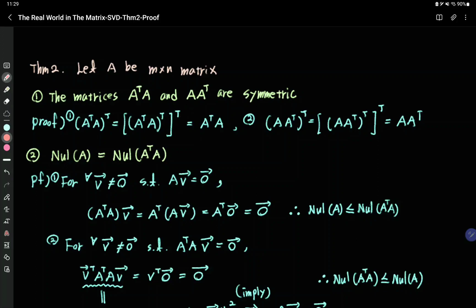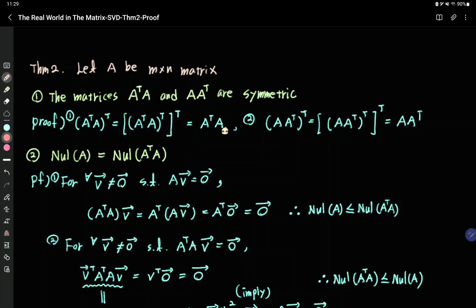Is that right? Because the transpose and transpose will cancel out, right? So we can say this is equal. Then this is nothing but A transpose A.